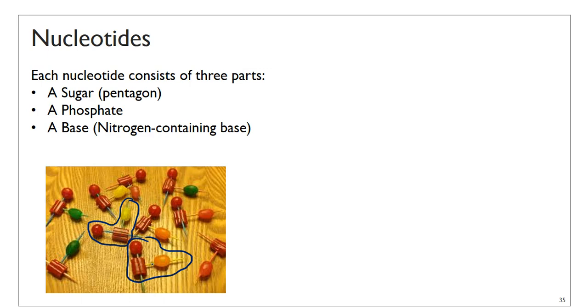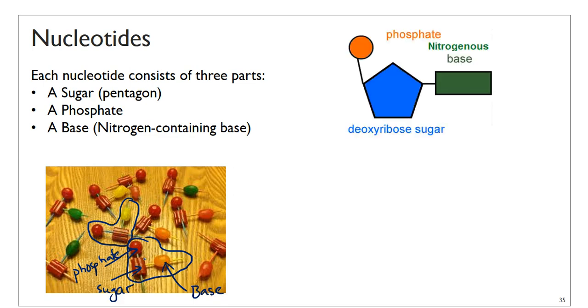So the 3 parts are, you have a sugar, so this is the sugar, and the sugar is going to bind to another bit on top called a phosphate, and then on the other side the sugar is going to bind to what is called a base, or a nitrogen containing base, or an N base. So this is the base. So there is no direct connection between the phosphate and the base. They all combine through the sugar. So this is another representation.